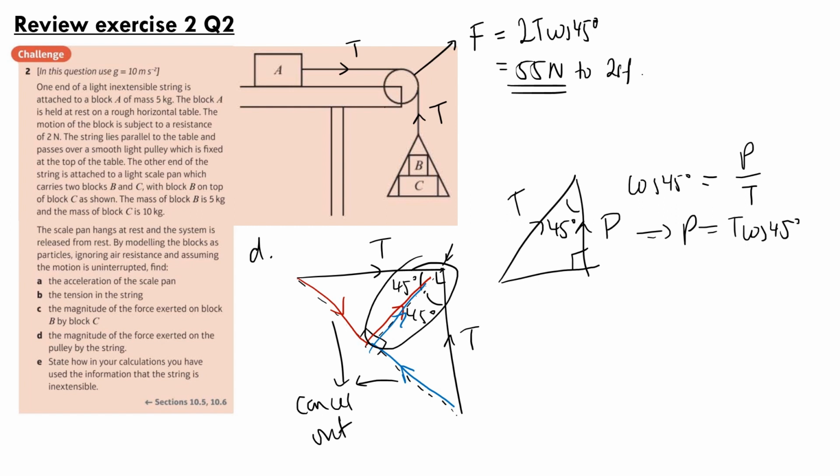And for the last part, part E, it states: how in your calculations you have used the information that the string is inextensible.